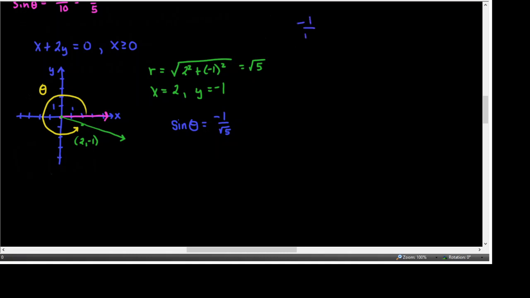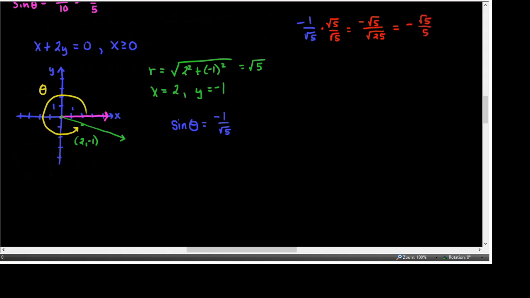You probably learned this in geometry, that to rationalize a number that looks like that, you multiply by 1 in the form of square root of 5 over square root of 5. Negative 1 times square root of 5 is negative square root of 5. Square root of 5 times square root of 5 is square root of 25. And that simplifies to be negative square root of 5 over 5.